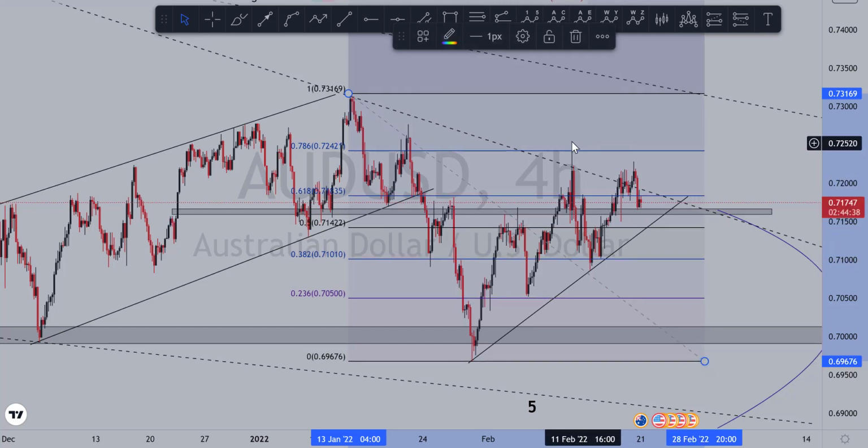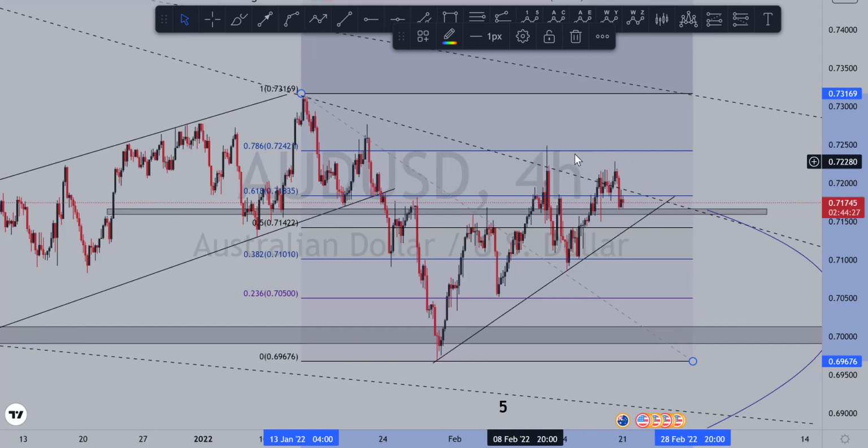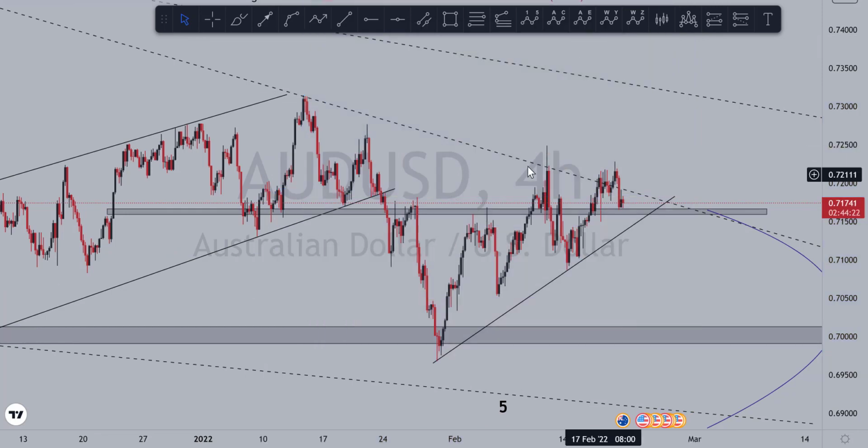Well, given the fact that they rejected the 78.6 level there, as you can see, this gives me confidence that we are most probably going to be in a sell going to the downside.